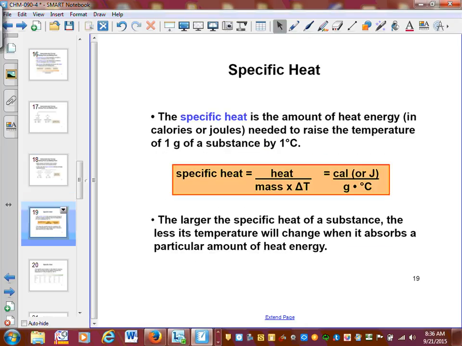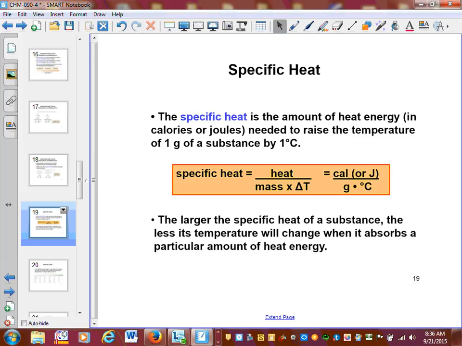Specific heat. That's the amount of heat energy in calories or joules needed to raise the temperature of 1 gram of substance by 1 degree C. We said that water's specific heat was 1 calorie per gram per degree C. It requires 1 calorie to heat 1 gram of water 1 degree Celsius.